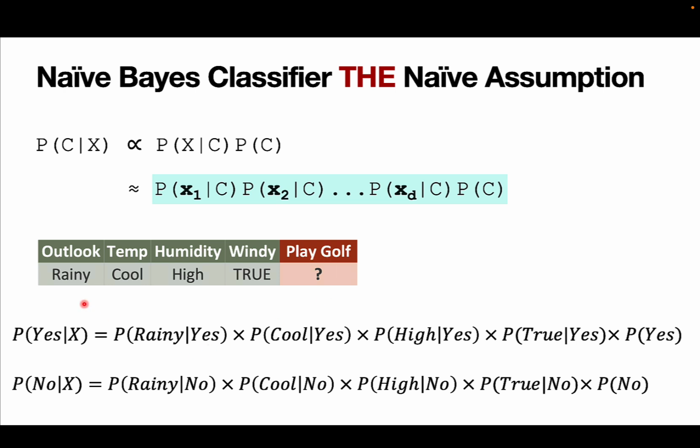In order to classify this example, I need to compute two probabilities: the probability of yes given X and the probability of no given X. The probability of a class label given the example is going to be the product of the individual probabilities of the attributes given the class label, multiplied by the prior probability of the class label. And we learned how to compute these probabilities using counting from the dataset.